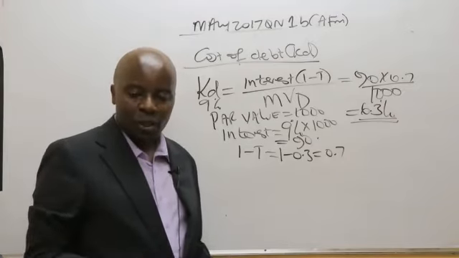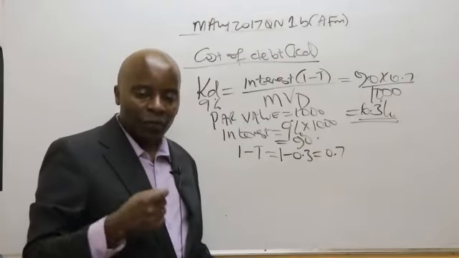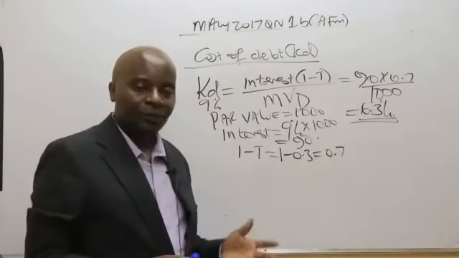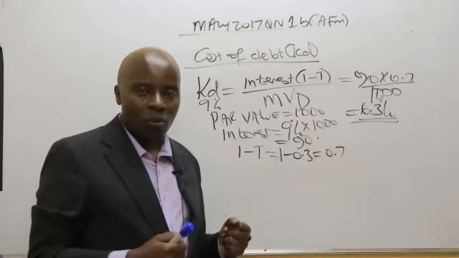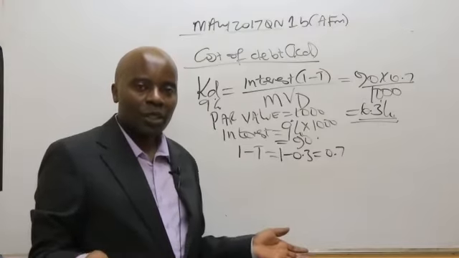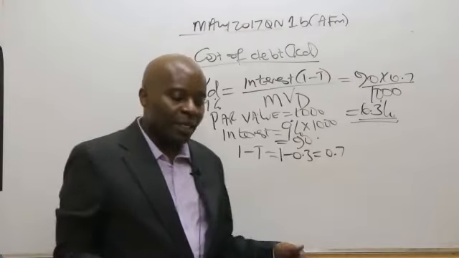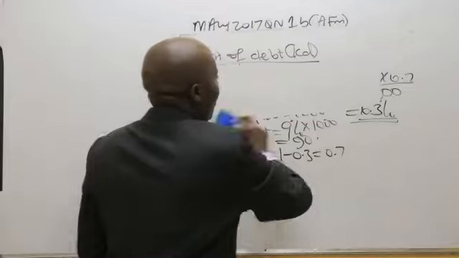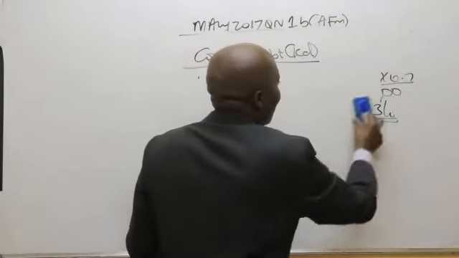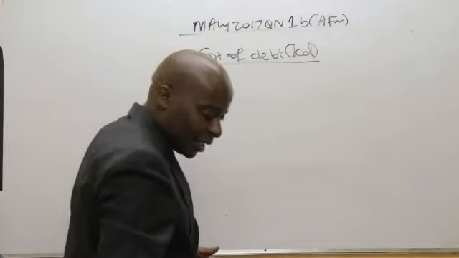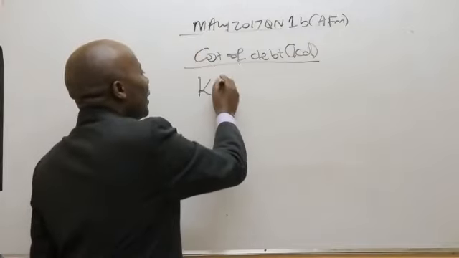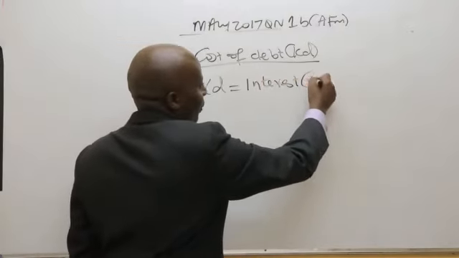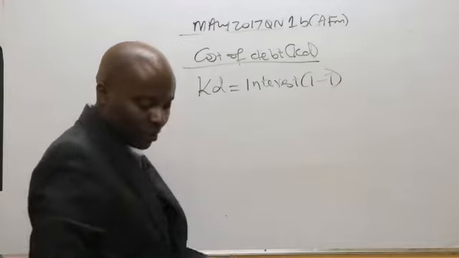Whenever you are not given a market value of a bond, and you are not given any flotation costs or a discount, the easiest thing that you should do is to give us the KD by taking the rate of interest given, multiplied by 1 minus what here, somebody? 1 minus tax.